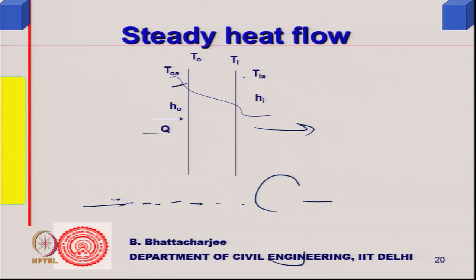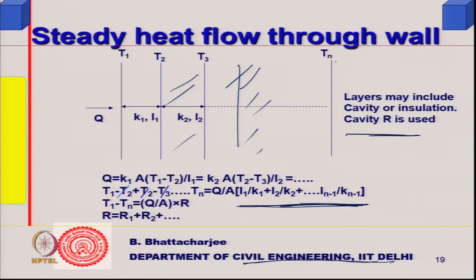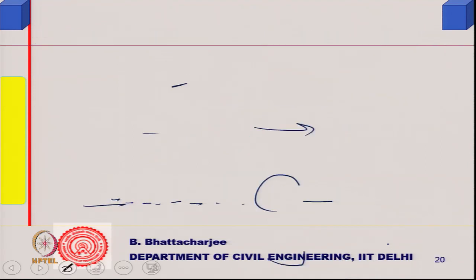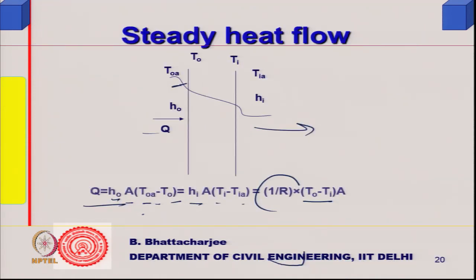We did this in the last slide: Q is equal to (TO minus TI) into A by R. I am writing the same thing here, 1 by R into A into (TO minus TI), and that must equal whatever is going out here.